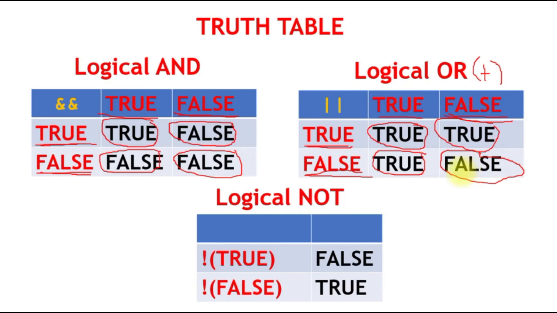Gets po ba? Okay, so proceed tayo sa logical not. Yung logical not naman, babaliktarin mo lang yung expression. Okay, example, not true. Hindi daw true. So, ang sagot ay false. Not false. Ang sagot ay true.